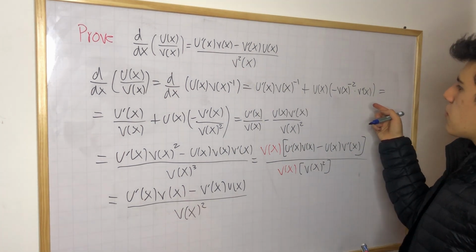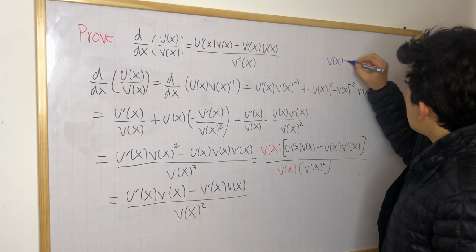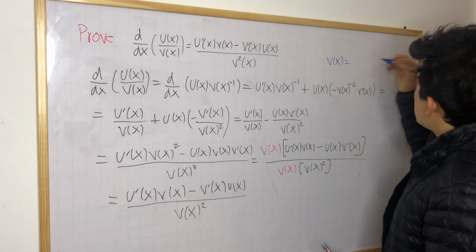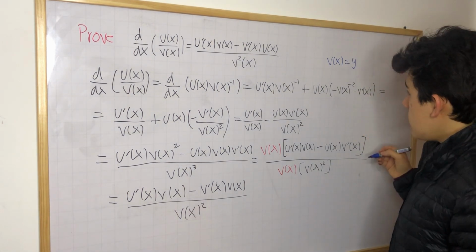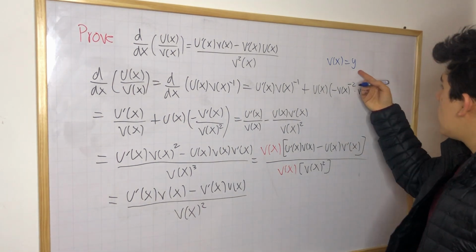On this part right here, when you're doing the chain rule of v of x, you can say simply that v of x is any function, not u because we are already using u, but let's say it's just simply going to be y, okay? And you know that y is also going to be a function in terms of x.